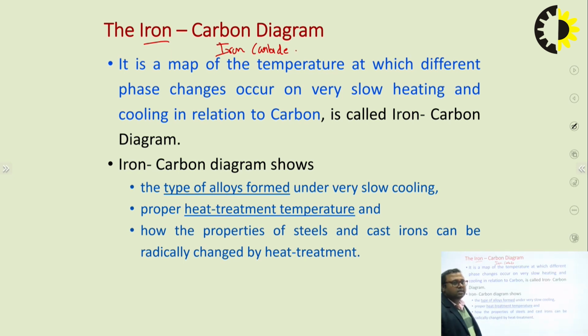On the y-axis is temperature, and on the x-axis the carbon percentage is increasing. The iron carbon diagram shows the type of alloy formed under very slow cooling, and the proper heat treatment temperature can also be seen here. It also shows how the properties of steel and cast iron radically change by increasing the temperature, by decreasing the temperature, or by going through a particular heat treatment.